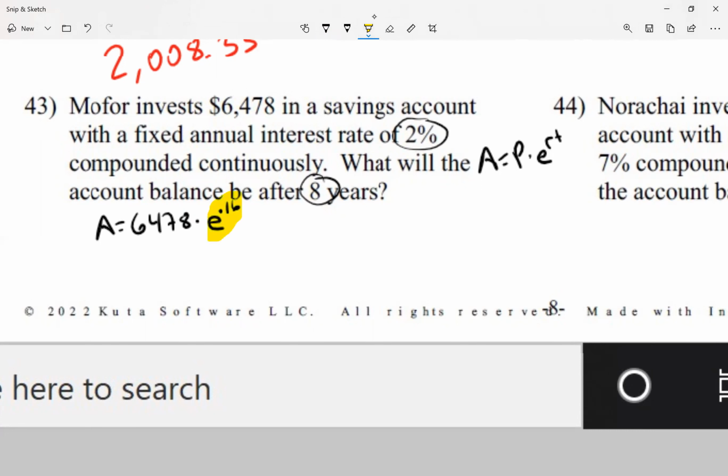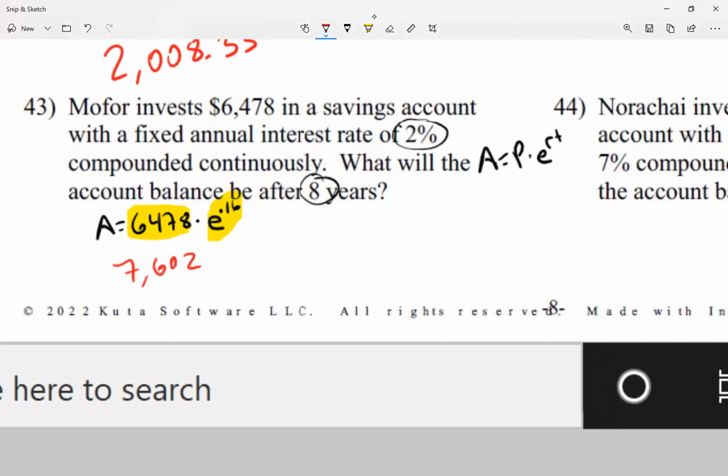Now calculate your exponent first. So E to the 0.16, whatever you get, multiply it with 6,478 and round your answer to 2 decimal places. I suggest you guys type it on your calculator. And we're going to get $7,602 with 0 cents.